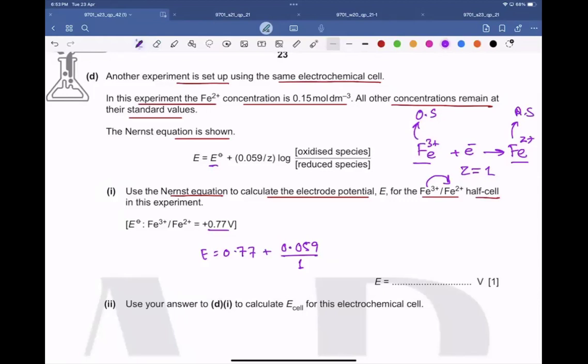So log, they have mentioned that the concentration of iron 2 positive is 0.15. So the reduced species is in the denominator. So I'm going to write 0.15 over here. So it means that all the other concentrations remain at their standard value.